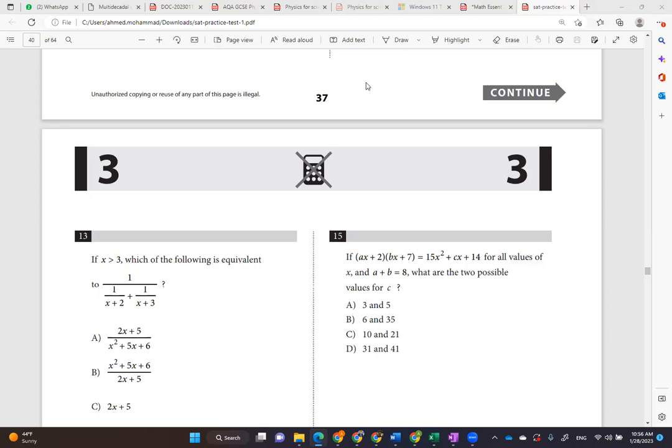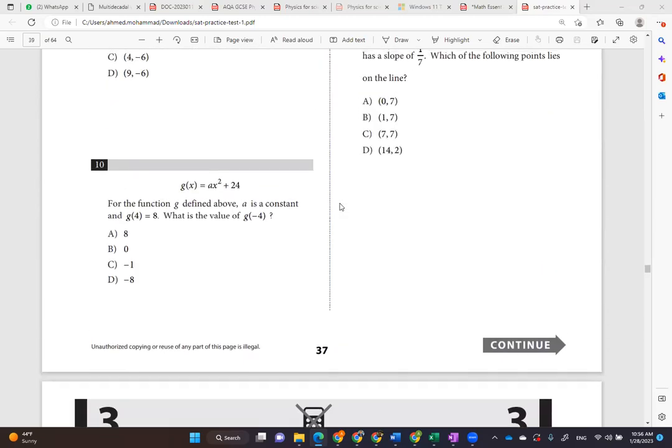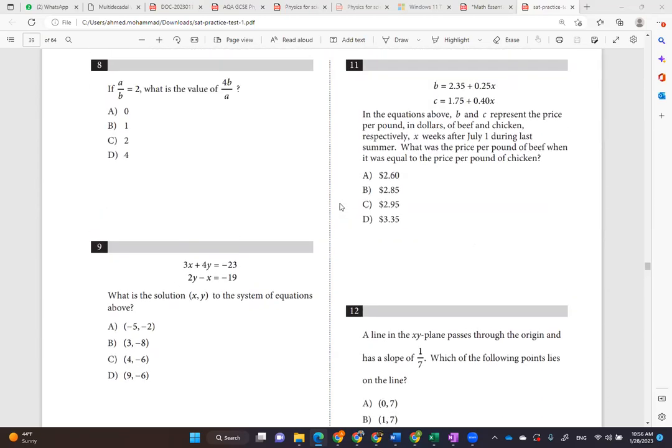Okay, Abdurrahman, I'm gonna explain both of them. No problem. So let me start with the first one.